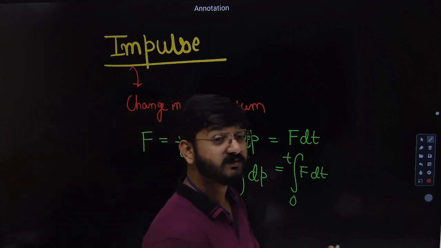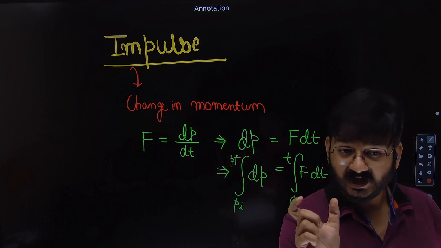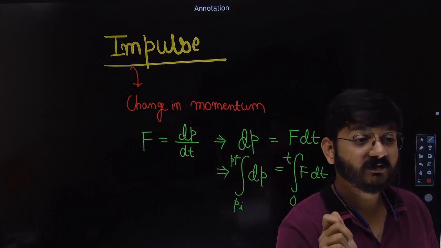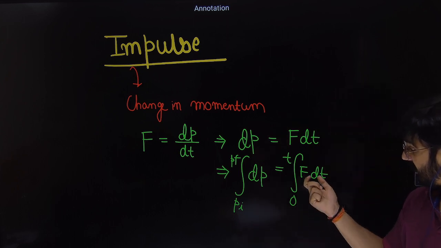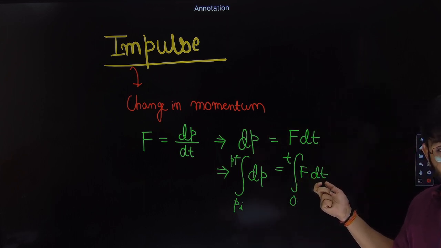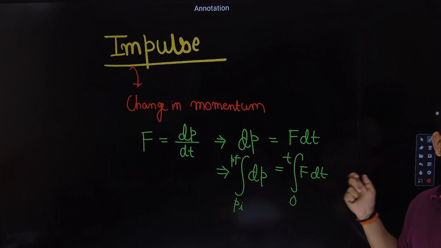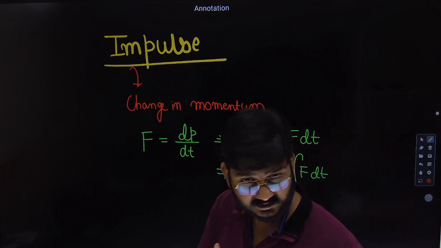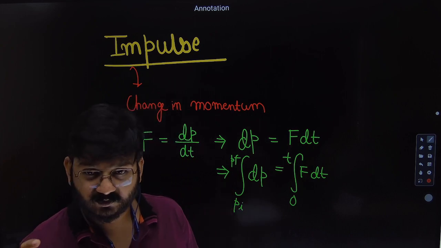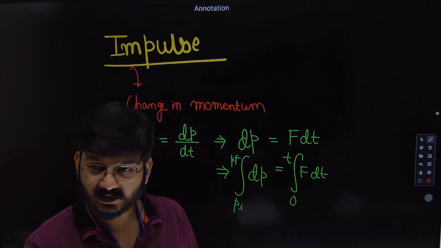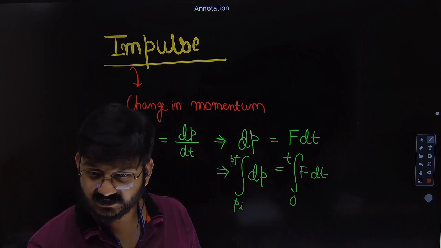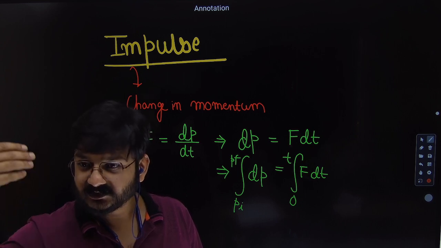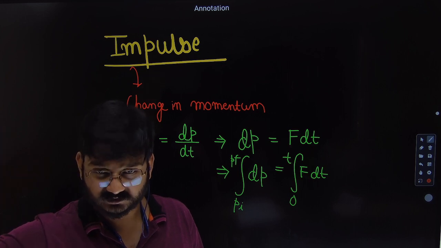The other definition we see is large force acting for a small interval of time. See here, large force acting for a small interval of time. Okay, what is the example? Cricket. What is the time of contact of ball with the bat? Hardly a few milliseconds. Can you see the impact? They're able to hit a six of 120 meters, 100 meters.